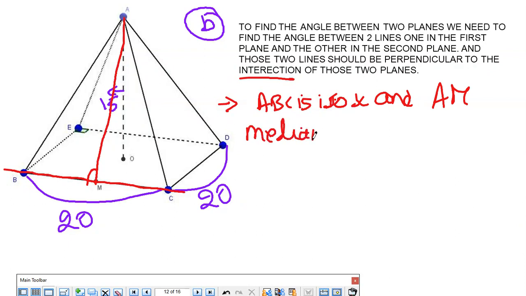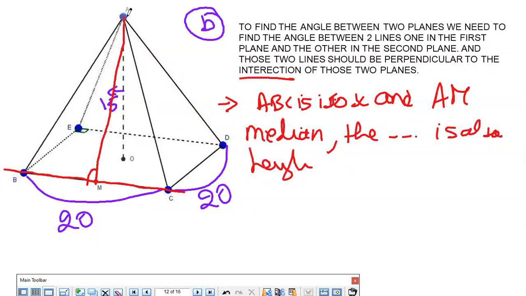And what about the median drawn from the main vertex in an isosceles triangle? You need to write it. I will say it: the median drawn from the main vertex in an isosceles triangle is also the height.